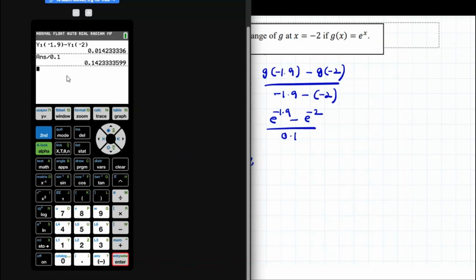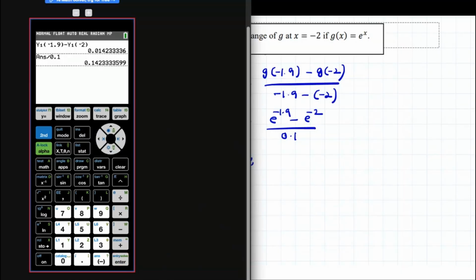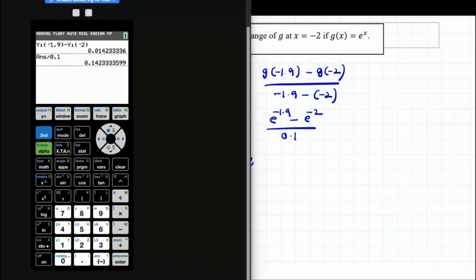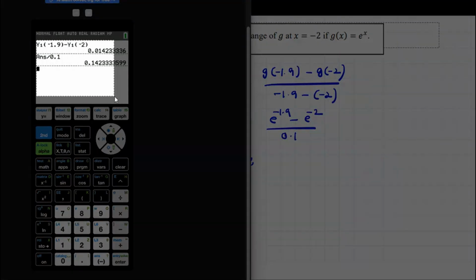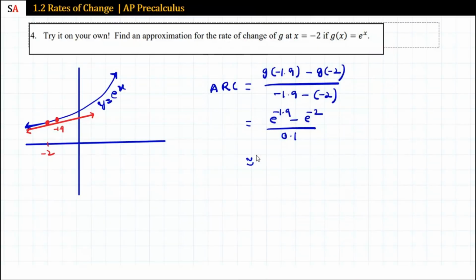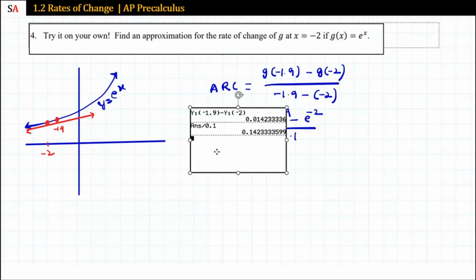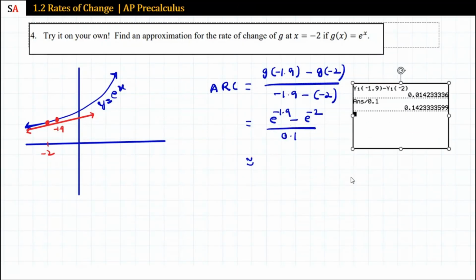Okay, so let's see. You can see the estimated rate of change is approximately 0.14233.